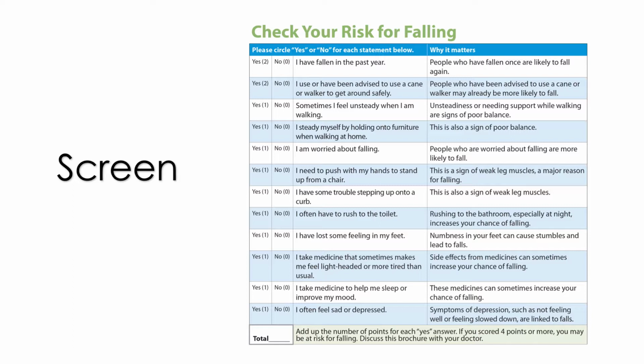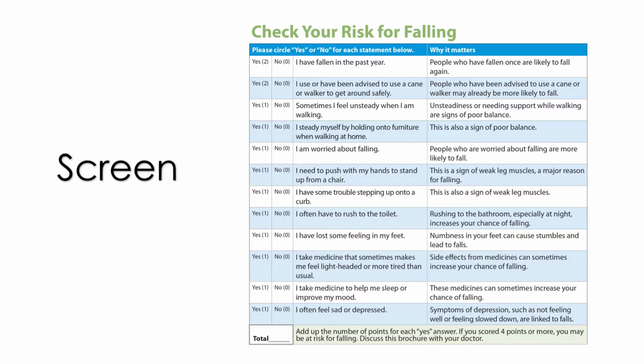So if that is the case, that's important because people who have been advised to use a cane or walker may already be more likely to fall. The third statement is sometimes I feel unsteady when I am walking. If a client answers yes to this, that's important because unsteadiness or needing support while walking are signs of poor balance.